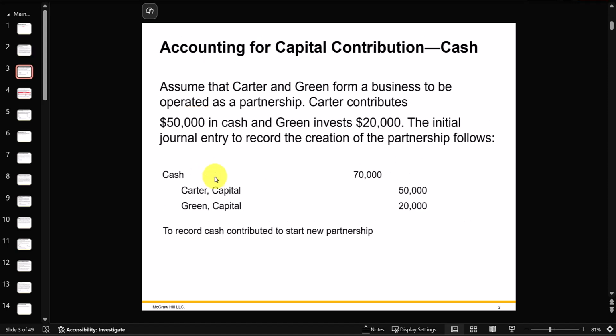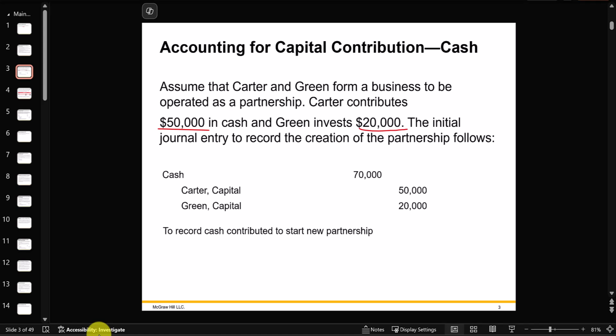We have two partners, Carter and Green, and they're contributing cash into the business. Carter is contributing 50,000 and Green is contributing 20,000.